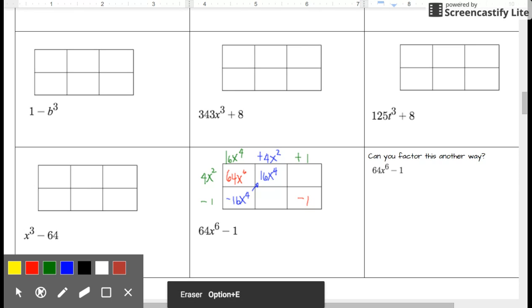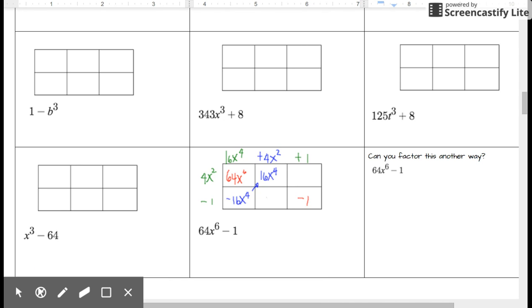Okay, and then we find the product here. That's going to be 4x squared times negative 1, which is negative 4x squared. And the last region, 4x squared times positive 1, that's going to be 4x squared. And they're opposite, so they will cancel, and so the product should be 64x to the sixth minus 1.